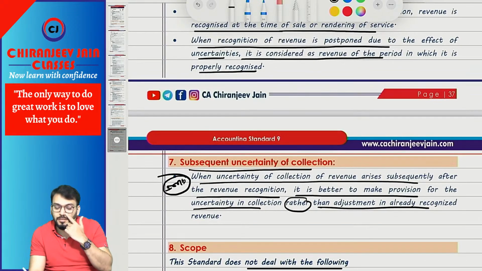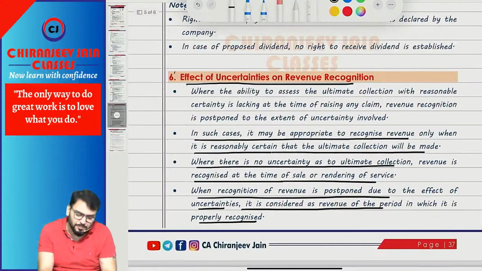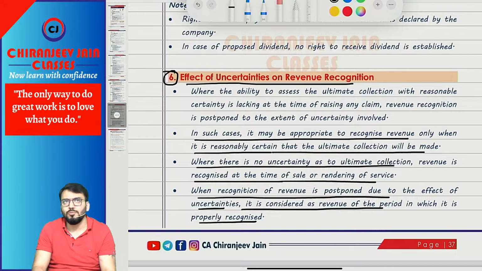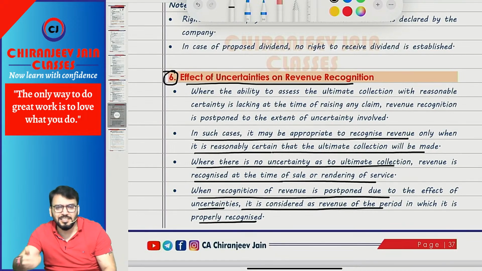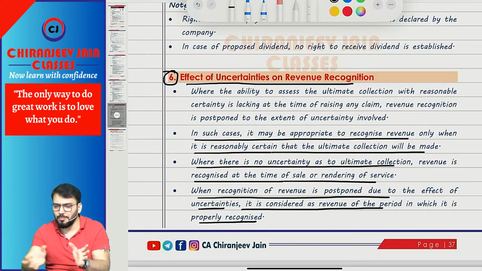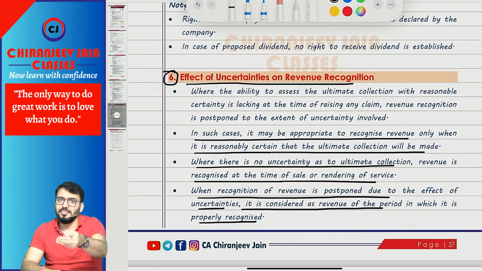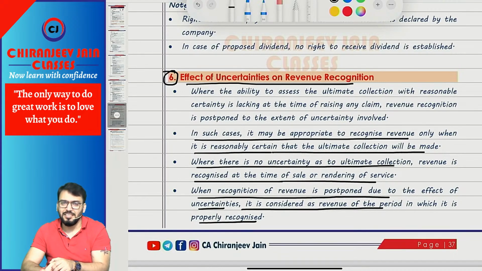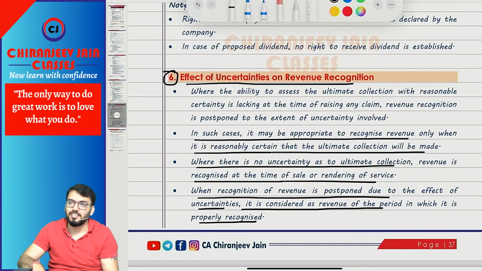Understood? Now normally in this very important, popular question, they will give you that we have done a credit sale, and in the invoice it is mentioned that on delayed payment there will be interest, and the customer defaulted. So the customer defaulted, the interest will be charged. Can we recognize the interest revenue?